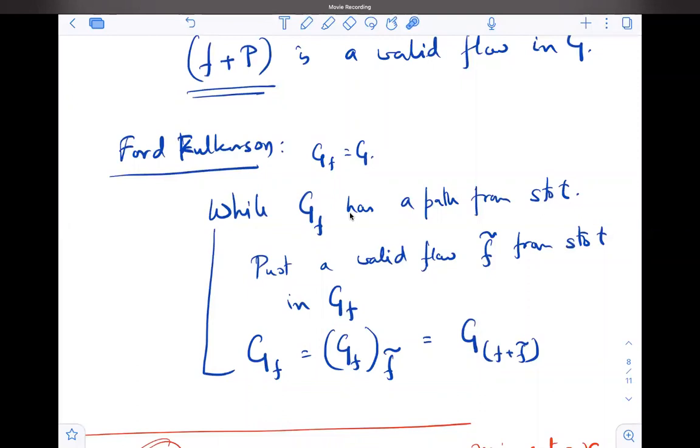How can we find a path from S to T in G of F in linear time? Lokesh, I had a chat with you the other day and you told me that you were watching my videos. You still want to say that? No. Okay. If this is the situation after watching my videos, then I feel pity for myself.